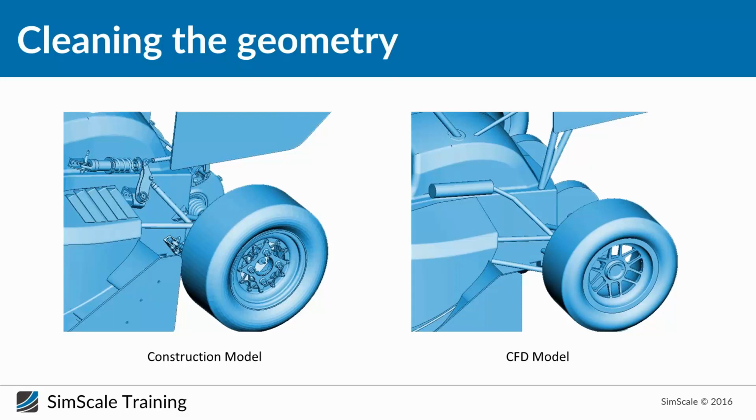It's better to have really simple geometry. Of course, later if you have some transient simulations, maybe you can add another level of details, but not to this point, because this model is mainly destined for construction reasons.